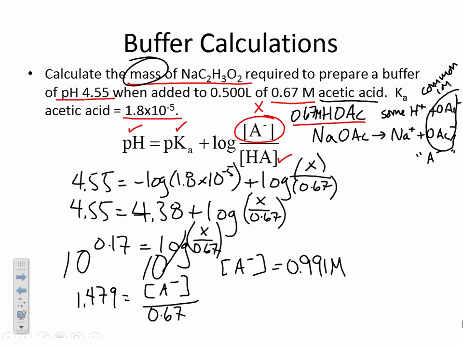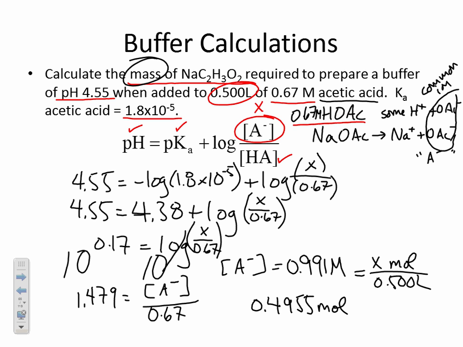But we don't want the molarity, we want the mass. So now we have to start pulling in the other number that the problem gave us, which is the 0.50 liters. We want mass. We can get mass from moles. We don't have moles right now, but we do have molarity, and it's going to be equal to X moles over 0.500 liters. So when we solve that, we get 0.4955 moles of acetate.